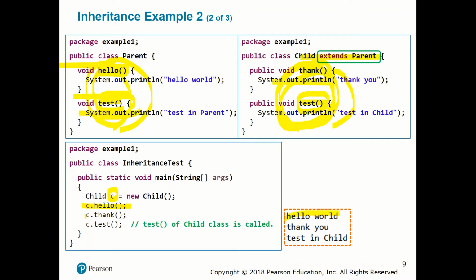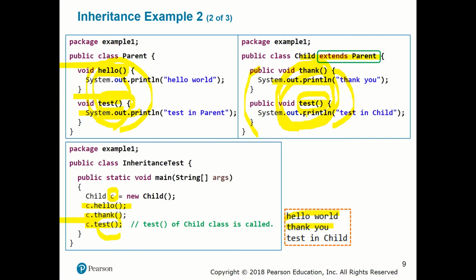And then C, the object of child, calls thank, C.thank. Then the computer sees if there is a thank method inside the child. This time, thank method is in the child class, so thank you is printed out. And next, see the test. At first, the computer sees if test method is in the child class.